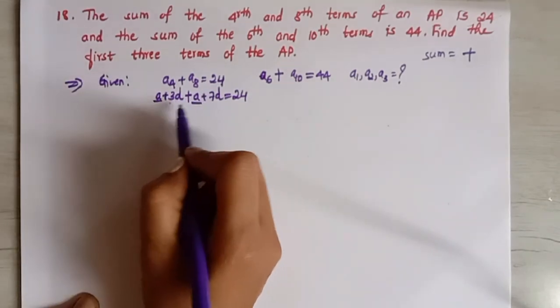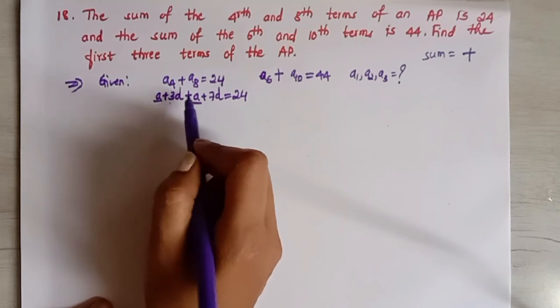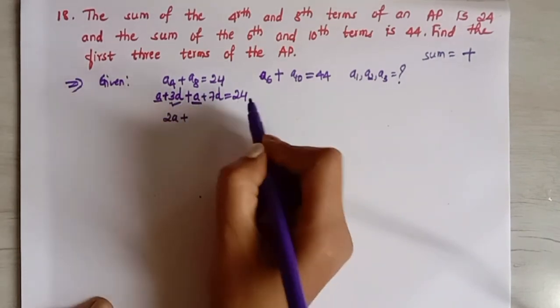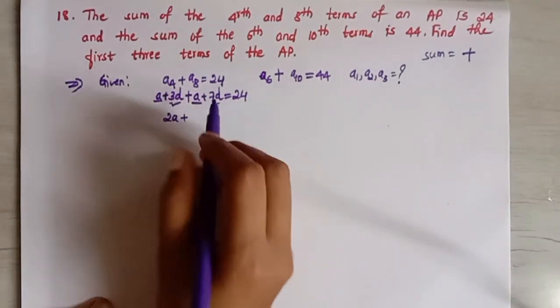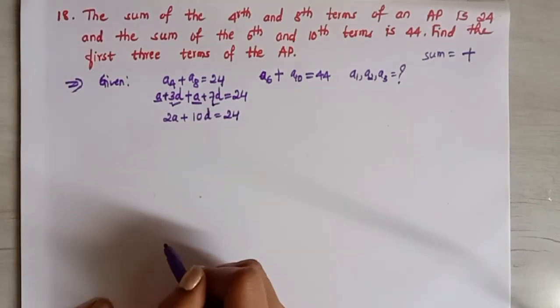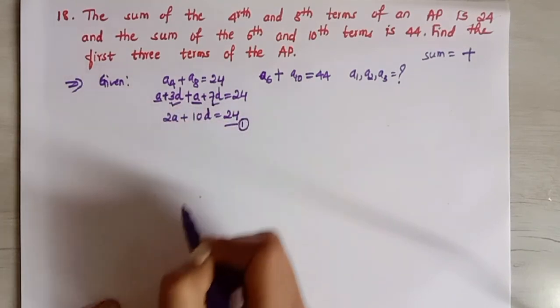So here the similar terms are A and A. So what is 1A plus 1A? It is 2A, right? So we are left with 3D and 7D. So what is 3D plus 7D? It is 10D, which is equal to 24, right? So let us denote it by equation number 1.